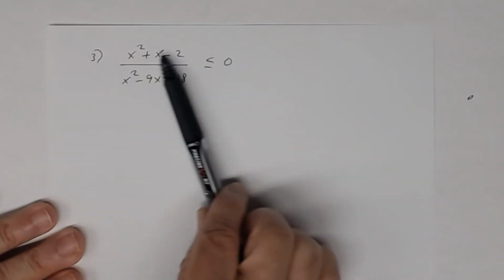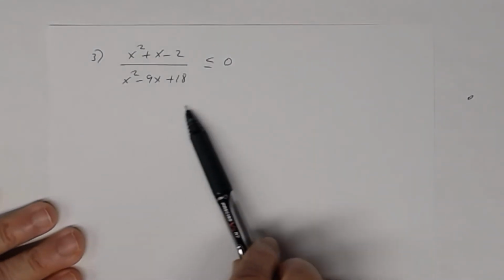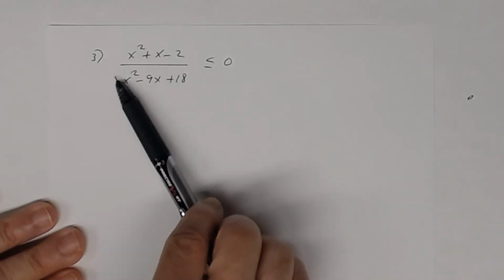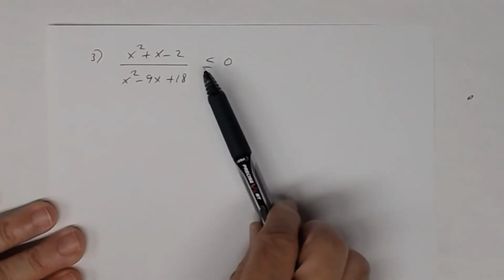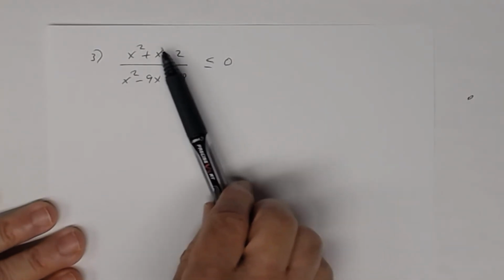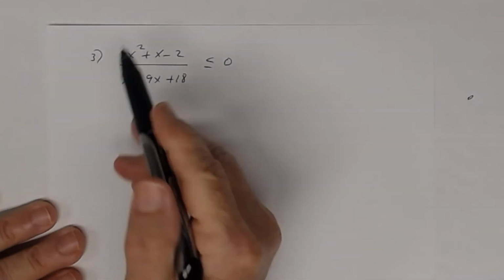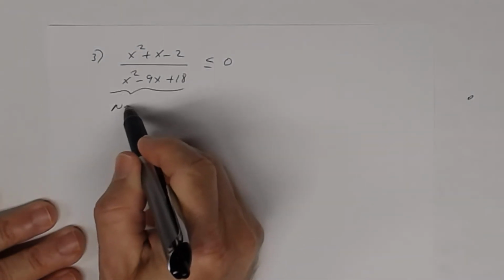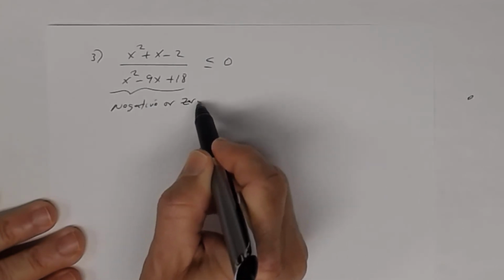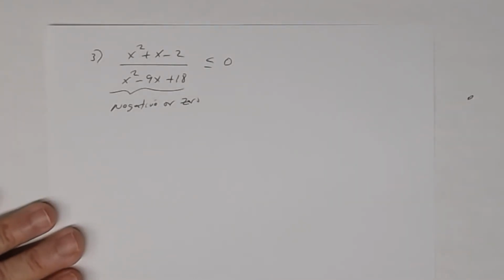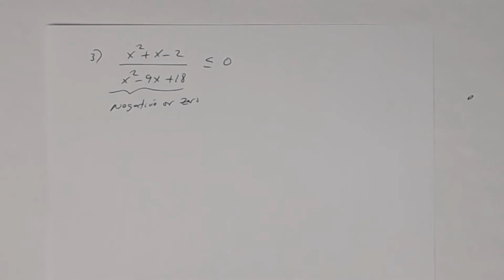The solutions to this inequality will be any real number that's going to make this expression less than 0 or equal to 0. So less than 0 means I need this expression to be negative. Equal to 0 means a solution that also makes it 0 is a solution.